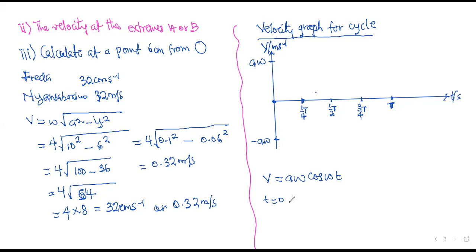Jojo, Fifi, Frida, Rachel, when t is 0, what will be v? 0. Sorry, look at it again. Please, 1. So 1 times A omega.